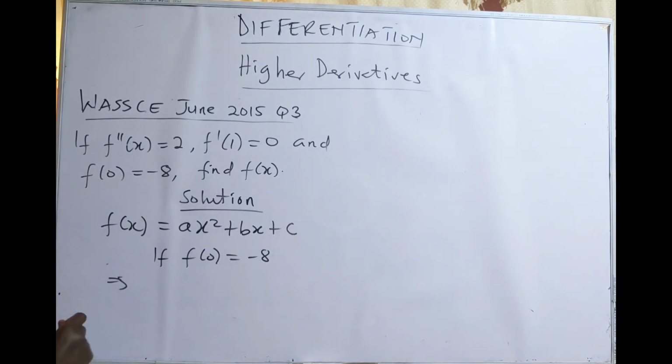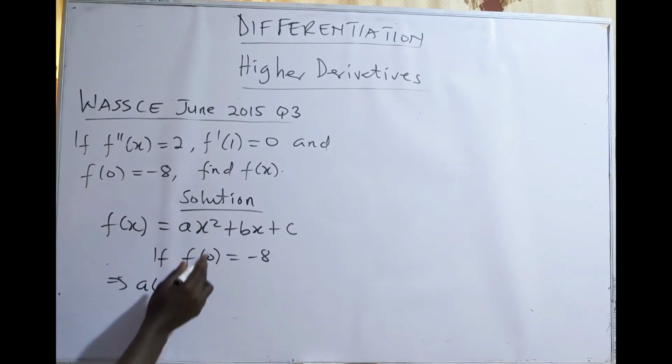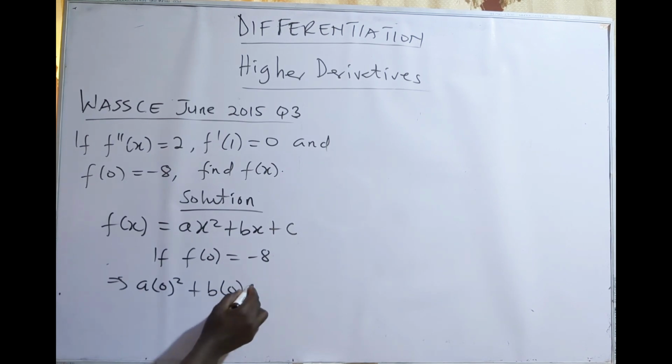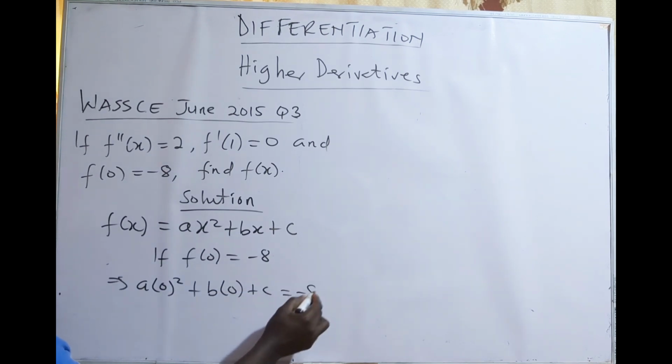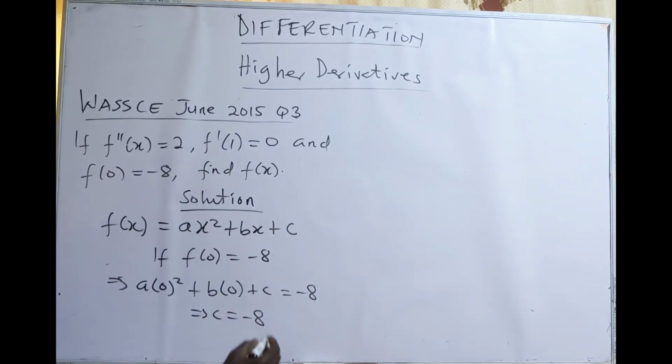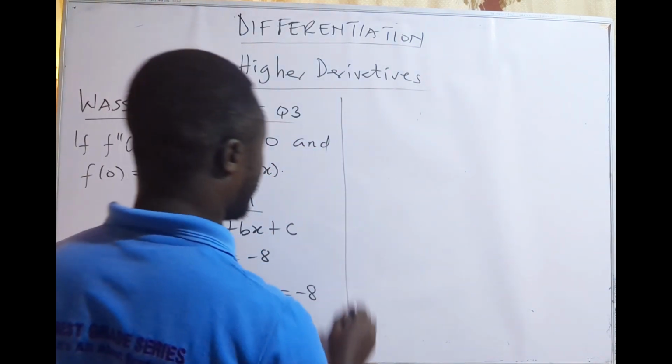So I'll have a times 0 squared plus b times 0 plus c equals -8. This will give me 0, this will give me 0. So it implies that c is -8.